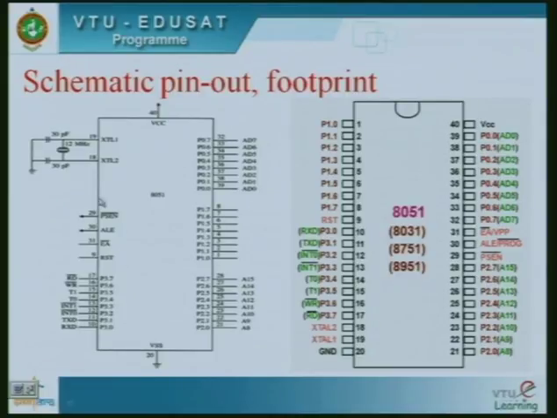Then I have these 4 control signals, and then the crystal or the clock is mounted on the remaining 2, that is XTAL1 and XTAL2. So it is 32 plus 4, 36, plus 2, 38, and 2 more to give VCC and ground. So totally it is a 40-pin IC. This is called a schematic pinout.